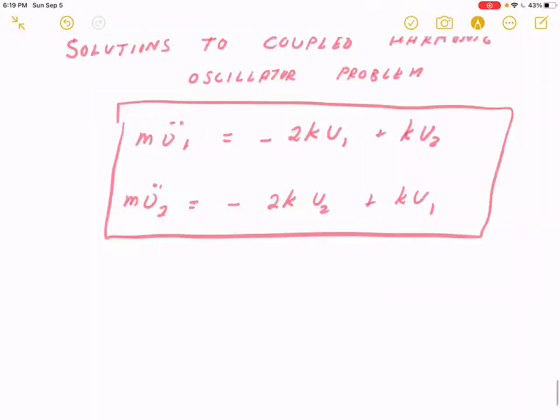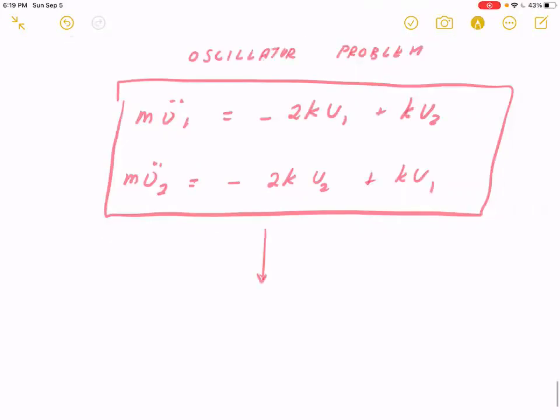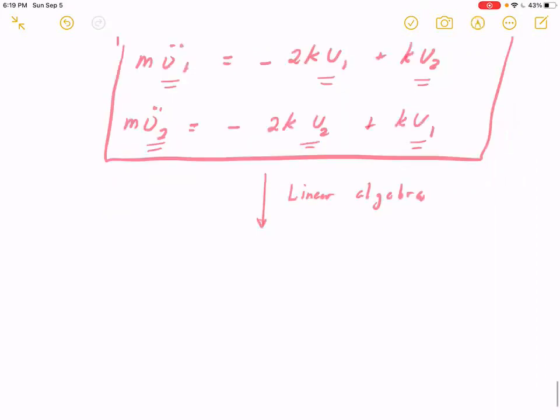Okay, so where is linear algebra going to come along and help you? Linear algebra is going to allow you to solve these two coupled equations. They're coupled because U sub 1 and U sub 2 appear in the first equation, U sub 2 and U sub 1 appear in the second equation.